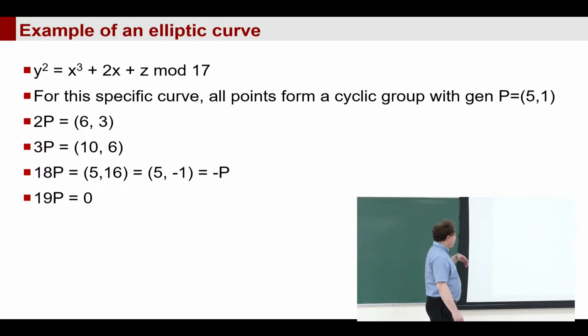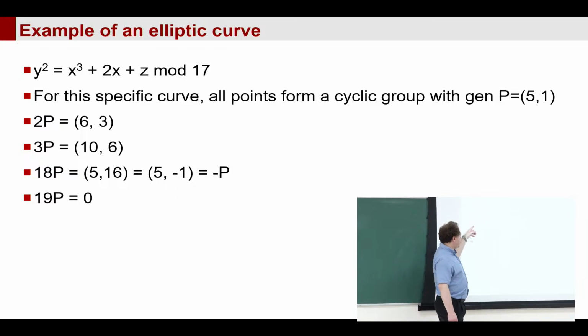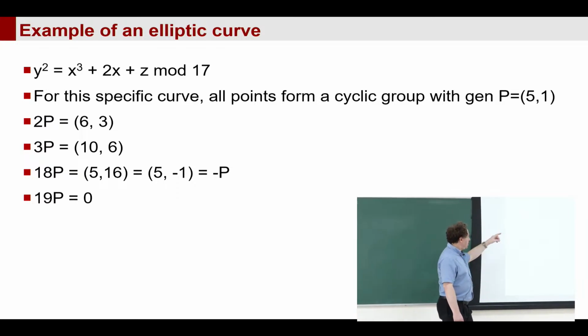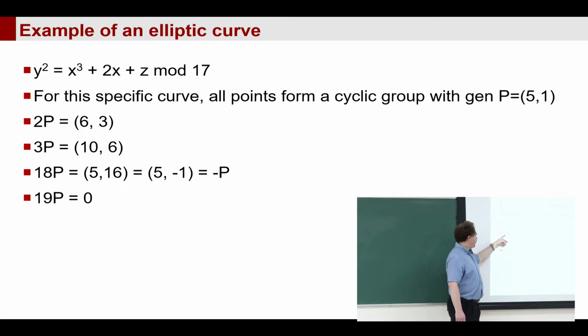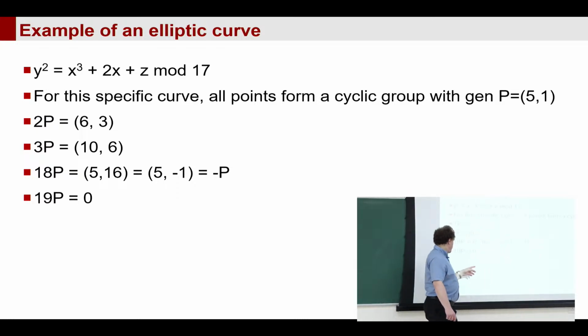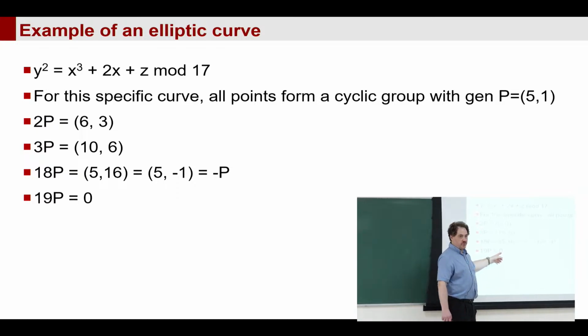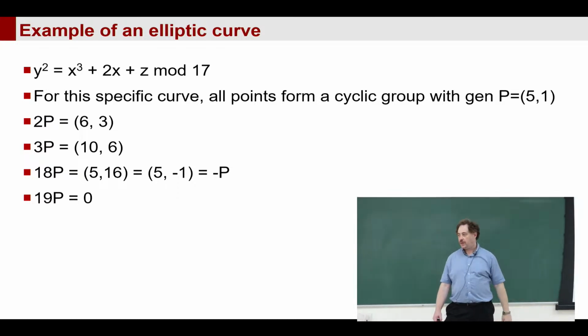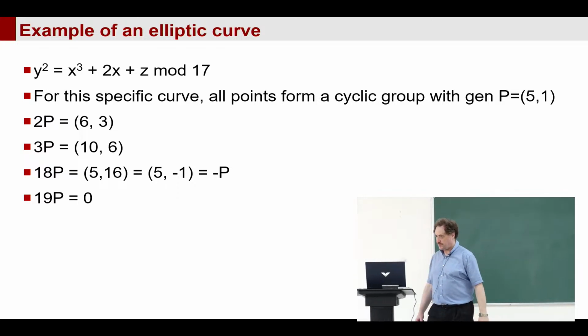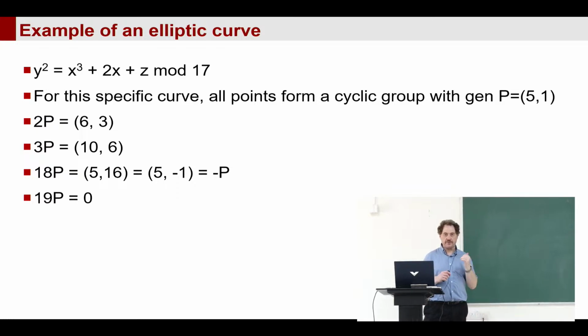I'm not showing exactly how it's computed, but you would need to trust me that 2P would be equal to (0, 63), 3P would be equal to (0, 106), and then if you go to 18P, we'll get minus P, and 9P would be equal to 0 for this specific curve. So this is just an example.